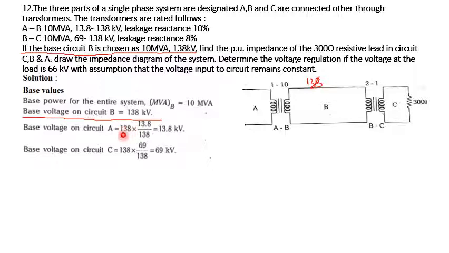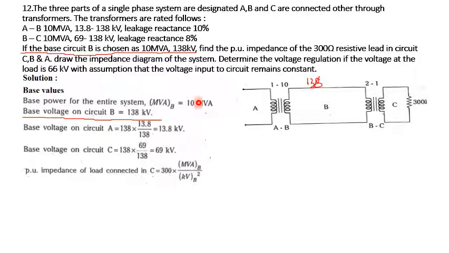Okay, so 138 into 13.8 divided by 138, so we'll get 13.8. Similarly for the circuit C, LT is equal to ST rating of transmission line, 138, into the circuit B to C, this is 69 divided by 138, so we'll get 69. So there is no change in the values.